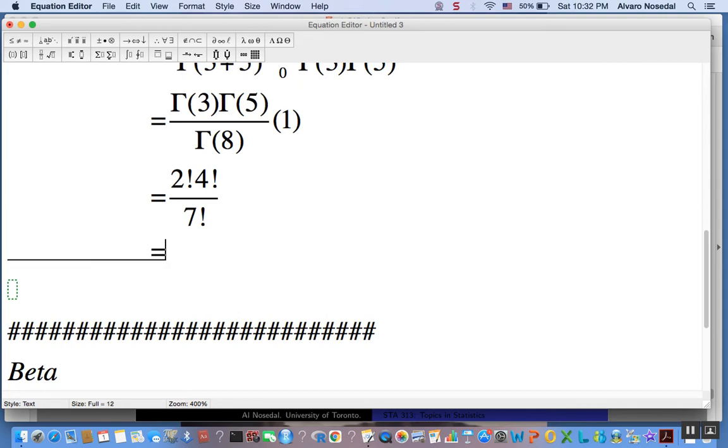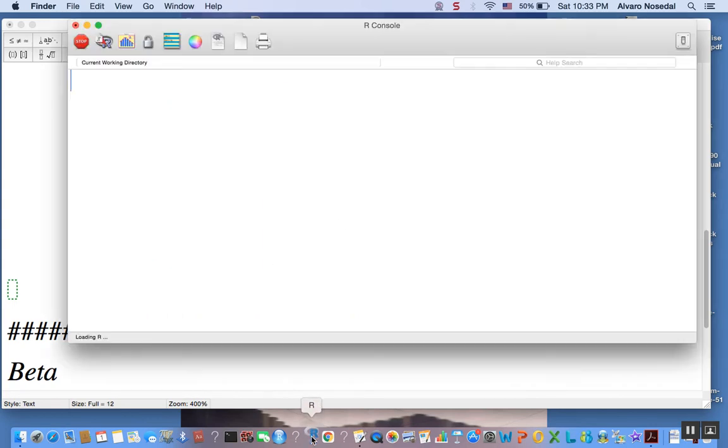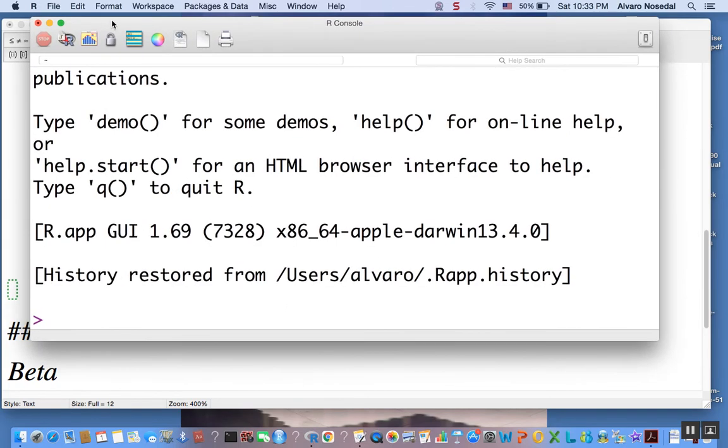So now let's try and find that constant using R. Okay? Okay, give me just a sec. Okay, so let's launch R and let's find that constant.